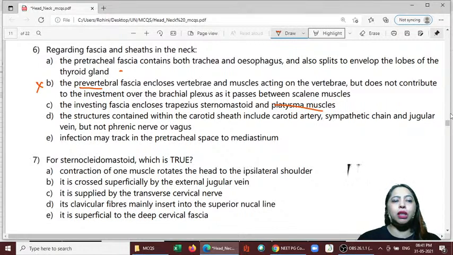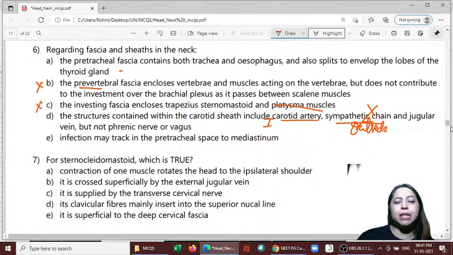Next, the structures contained within carotid sheath include, this is outside. This is internal carotid. Next, infection may track in the pretracheal space to the mediastinum. Is this the correct statement? Will it cross into the mediastinum? No, actually it merges with the fibrous pericardium.